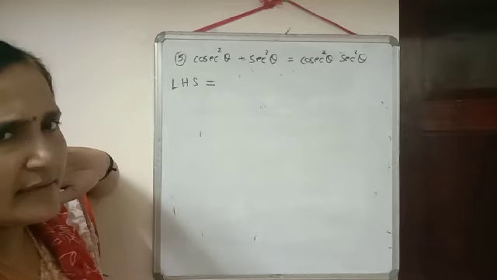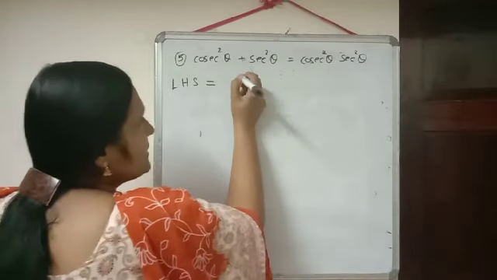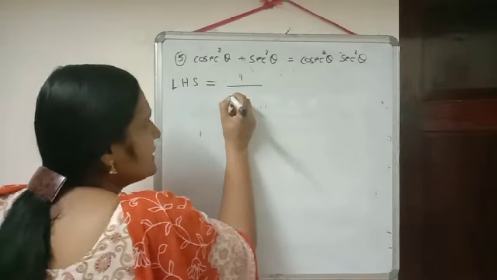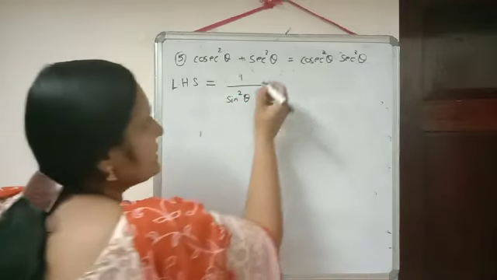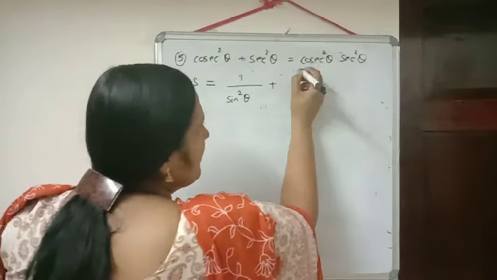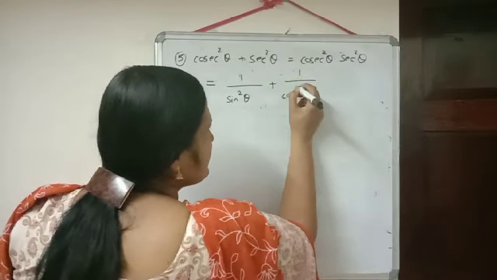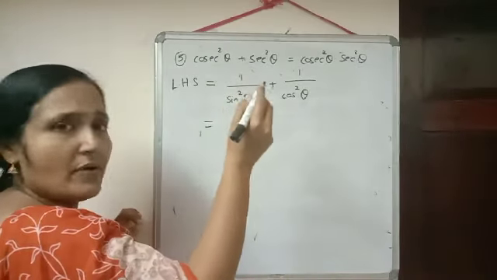Yes, change in terms of sine and cos. So cosec square theta, it is the reciprocal of sine theta. So it can be written as 1 by sine square theta plus, how we can rewrite sec square theta? Yes, correct. It can be written as 1 by cos square theta. Now what we can do? Correct.